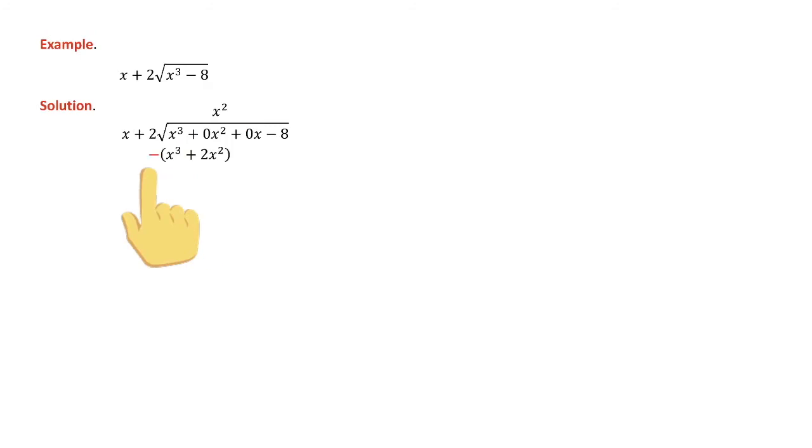Now I'm going to subtract it. Put the minus sign in so you don't mess it up. Drop the brackets, I don't need that. Now let's just add these together. So x cubed minus x cubed, 0. Again, it has to be 0. Okay, 0 minus 2x squared is minus 2x squared.